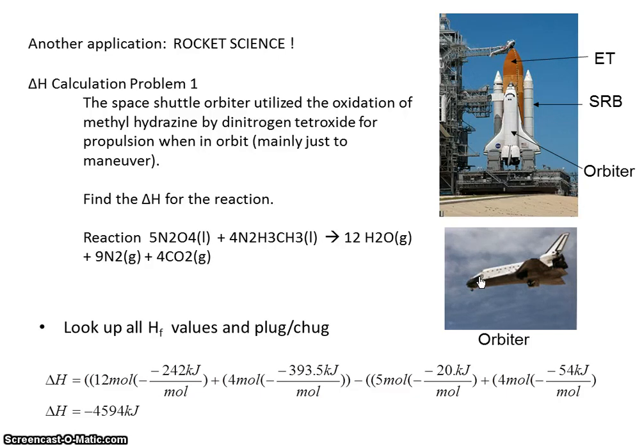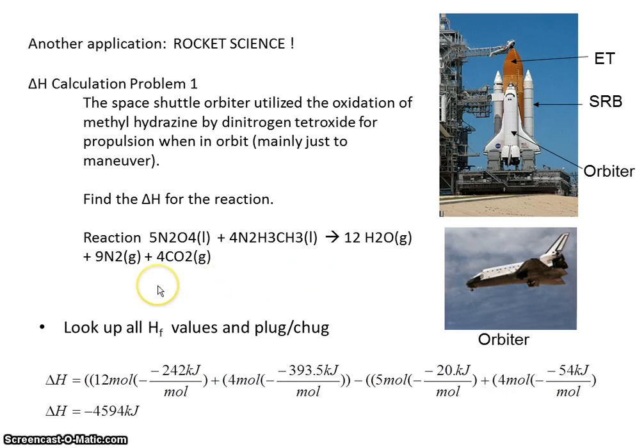The primary reaction when the orbiter is in space, to make small maneuvers, it doesn't have the engine supply anymore, so it just has small little reactors at various places on the body of the orbiter.